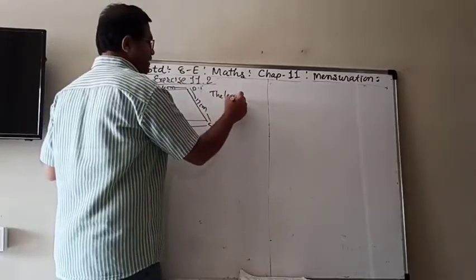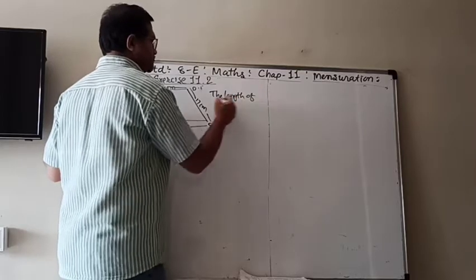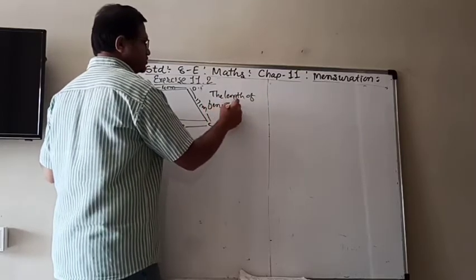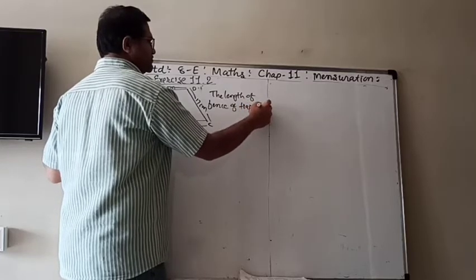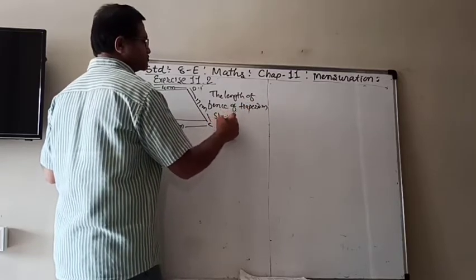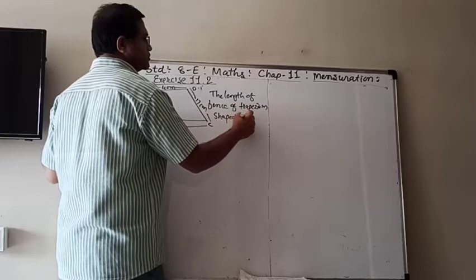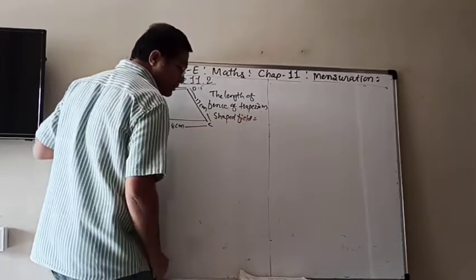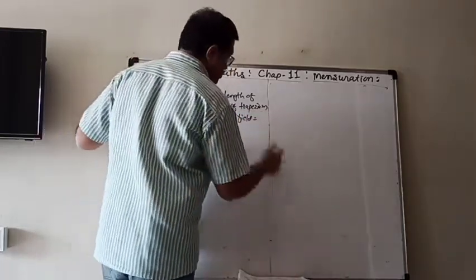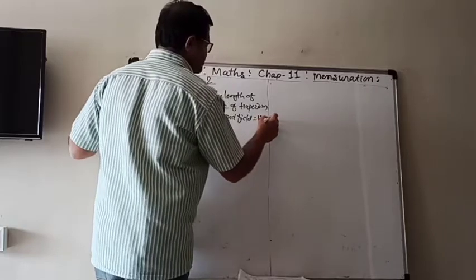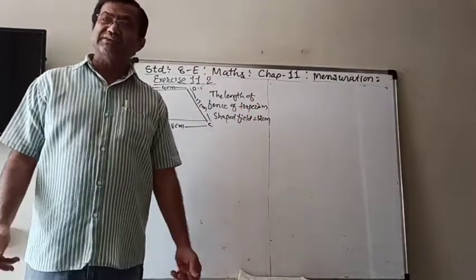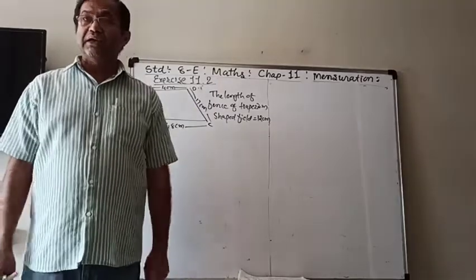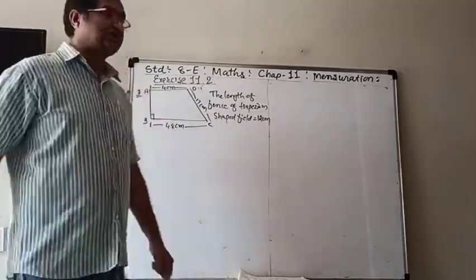The length of the fence of the trapezium shaped field is given as 120 meter. What is the meaning of the length of the fence? Fence means boundary. It means the perimeter is given.